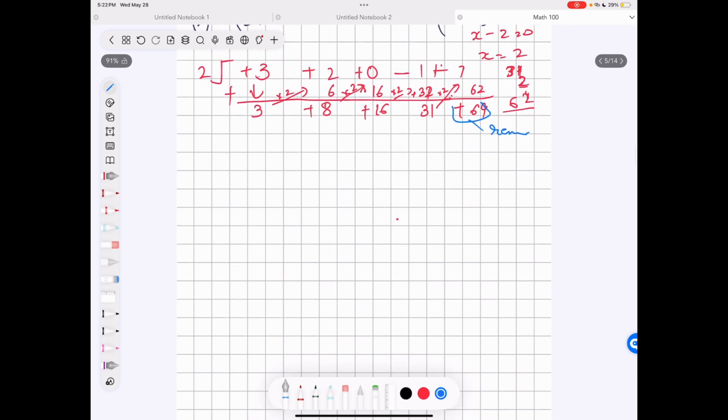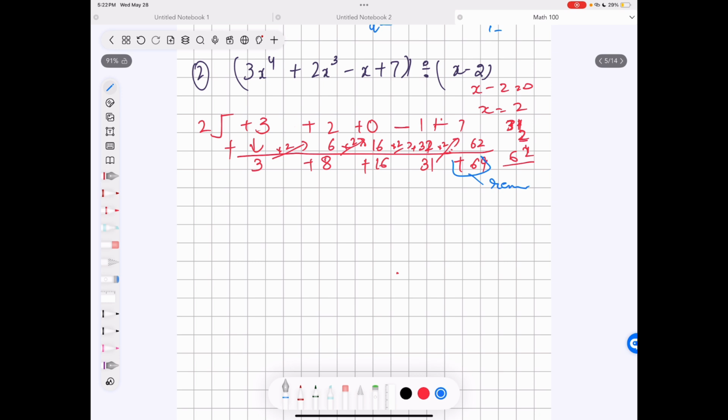So it's going to be 3x to the 4 plus 2x to the 3 minus x plus 7 is equal to 3x cubed plus 8x squared plus 16x plus 31.